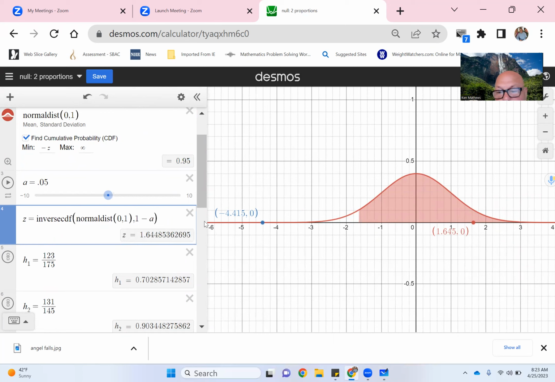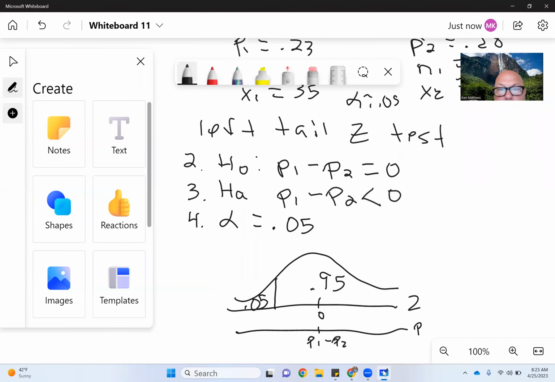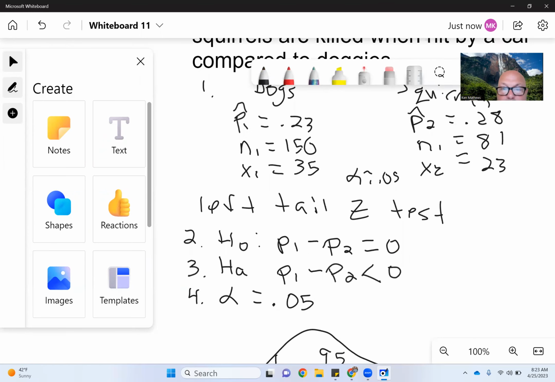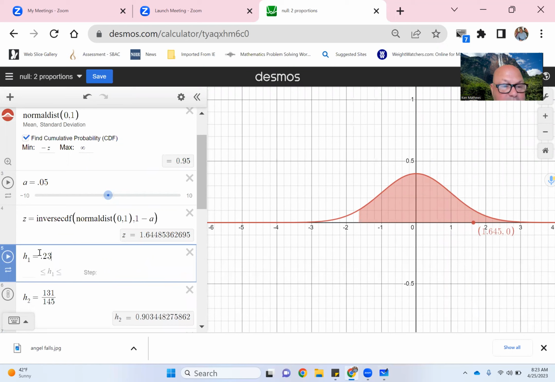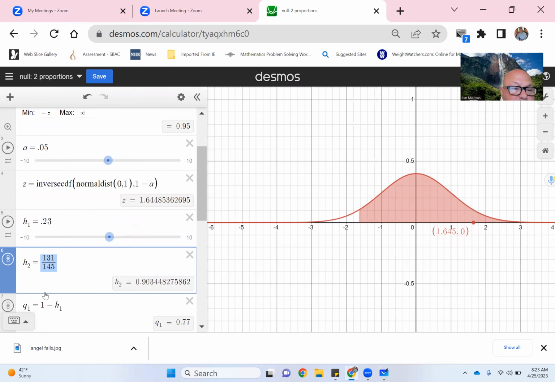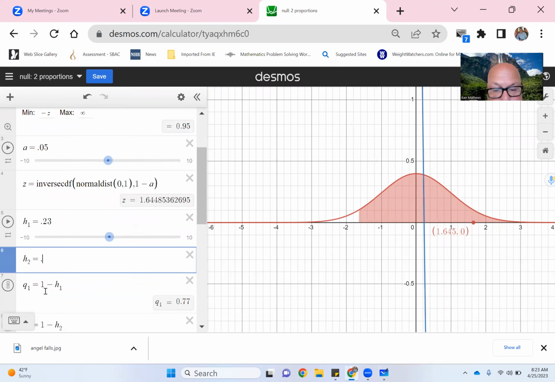All right, so what was P1? I'm going to have to maybe go back and forth a little bit. Okay, P1 is 23%. So P1 hat is 0.23. That's what that means. What's P2 hat? 28%, 0.28.